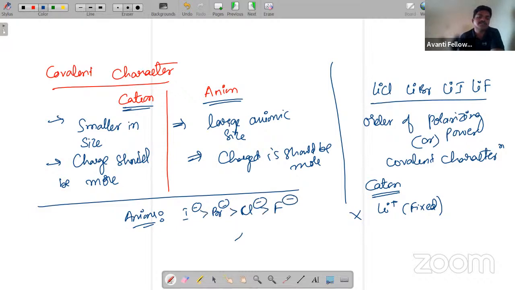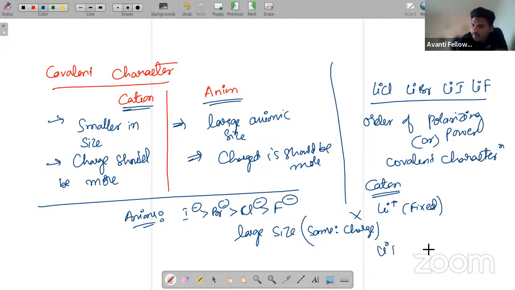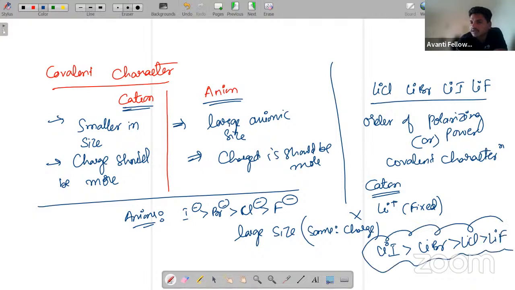The charge is the same, but the size is large. That is why we can clearly say that LiI will have more covalent character compared to LiBr, LiCl and next LiF. I hope you are understanding this one.